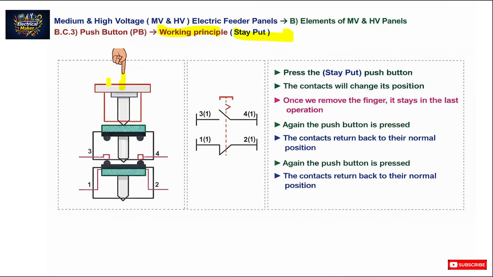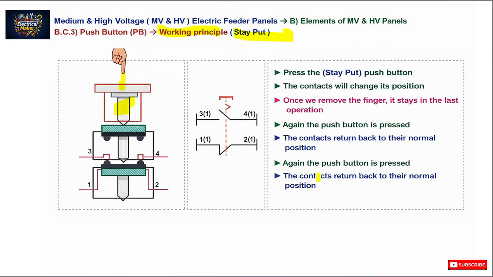When you press the button, the contact will change its position. Once we remove the finger, it stays in its last operation. It will not change like spring return because there is no spring inside this push button.